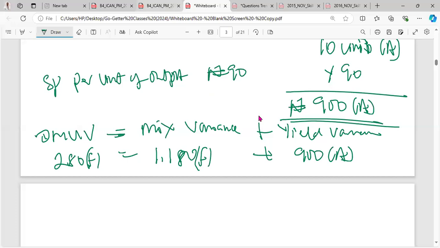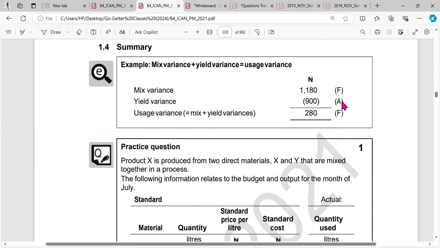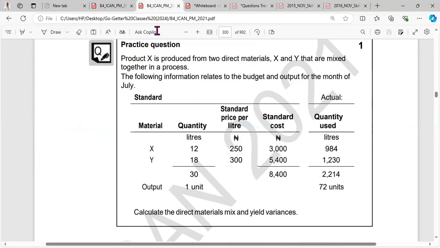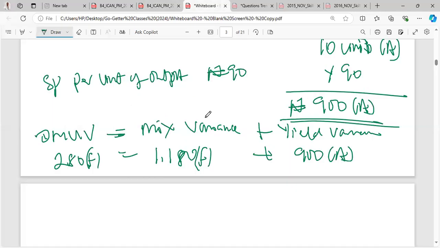So this is the summary, and this is a practice question. So let's see what we can do from this practice question to see if we got the point. So let's go here, practice question 1.